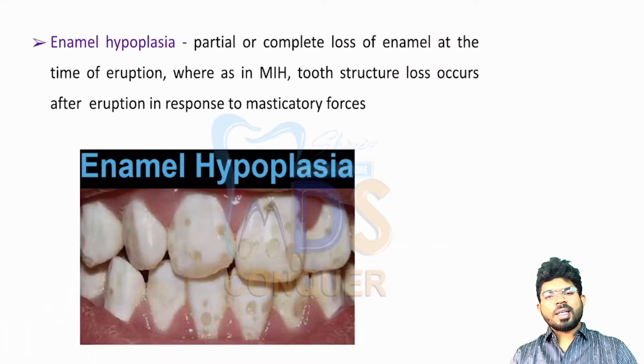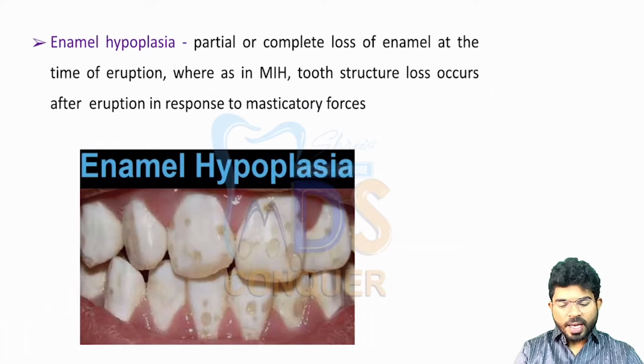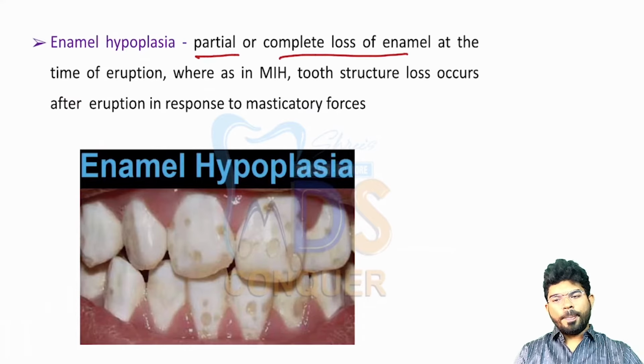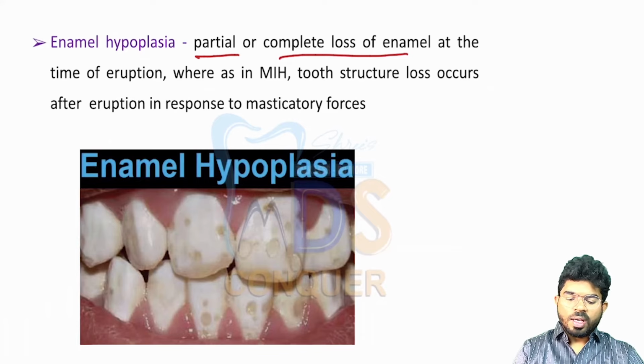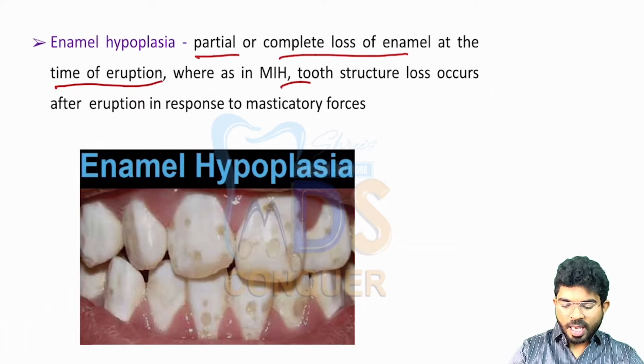And followed by, there is something called enamel hypoplasia. Enamel hypoplasia can be partial, affecting only a few teeth, or can be complete, affecting all teeth or the entire part of the enamel. So how can you differentiate this? Enamel hypoplasia basically occurs at the time of eruption, and what we have discussed about MIH is post-eruption.